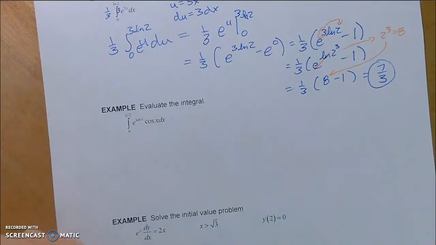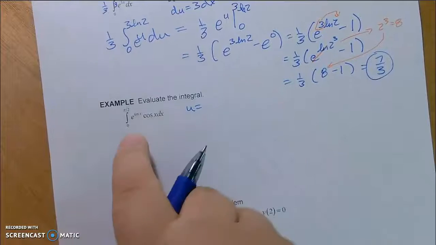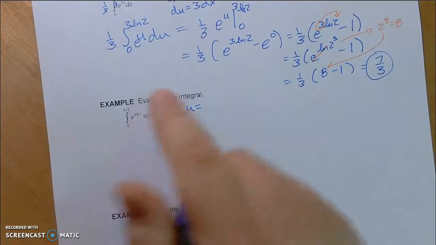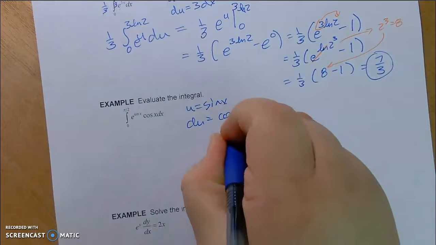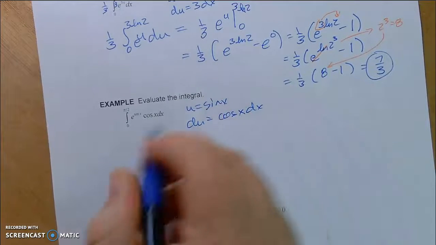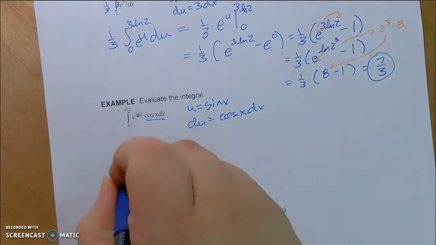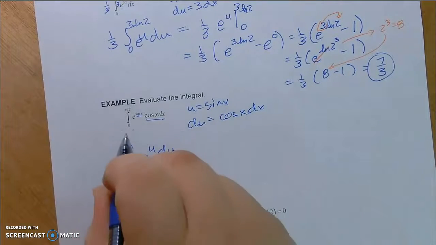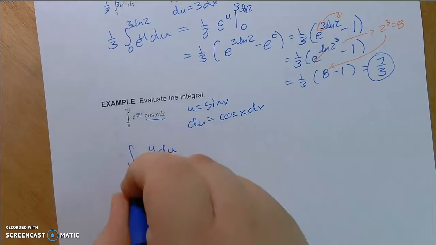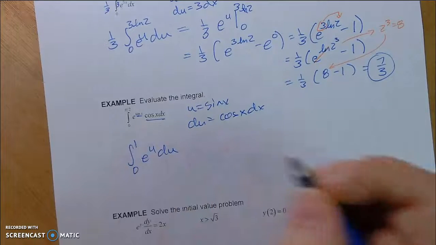Our next example is straightforward as well. We have u equaling the power right there, which is sine x. Our du is cosine x dx. So we have du here, we have u here, and our integral becomes e to the u du. Sine of 0 is 0. Sine of pi over 2 is 1.